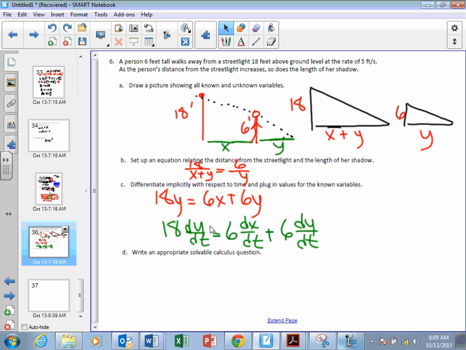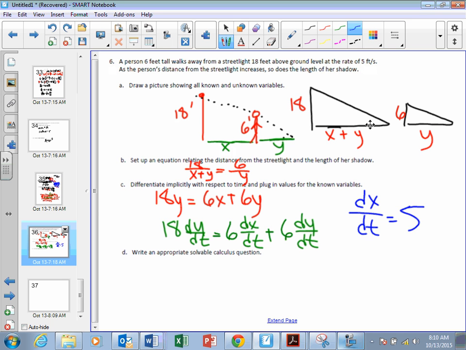Those are two variables in the problem that we don't have yet. But looking up in our words, we have that the person is walking away at a rate of 5 feet per second. So that means dx/dt is 5. So we can plug that 5 in for dx/dt.